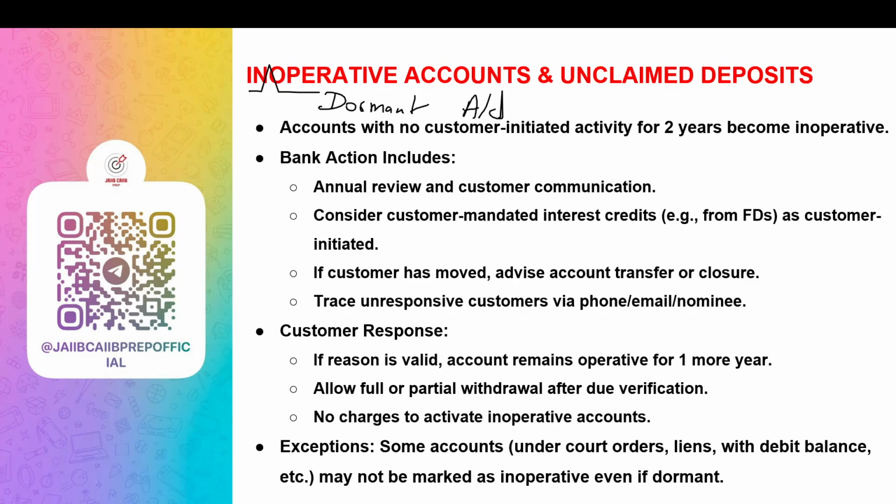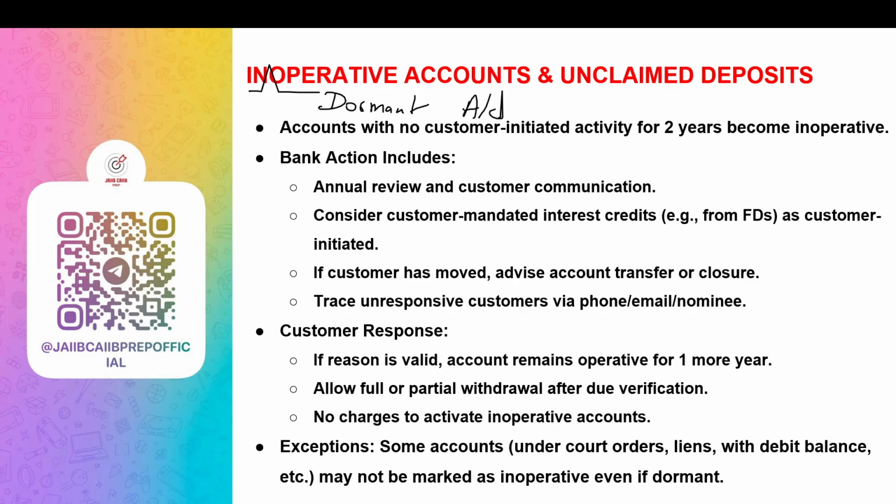So say you opened a savings account in 2018 but stopped using it in 2020, and you haven't made any deposit, any withdrawal, or any online transfer till 2022, so this account becomes inoperative. These accounts may be misused for illegal or fraudulent activities, so special caution must be given to these accounts as well.